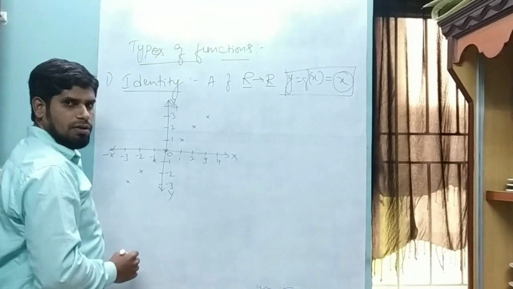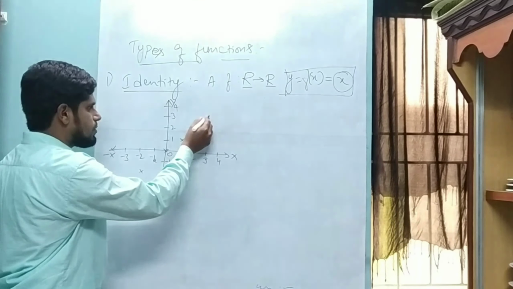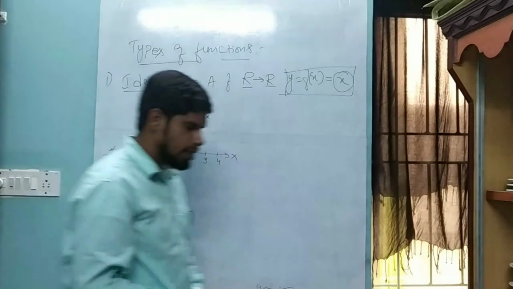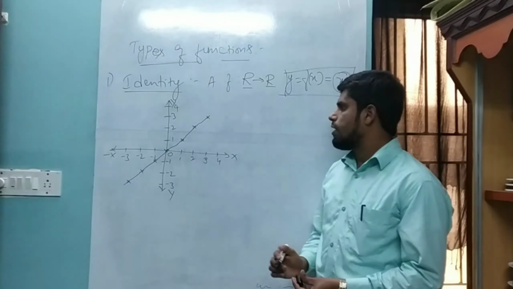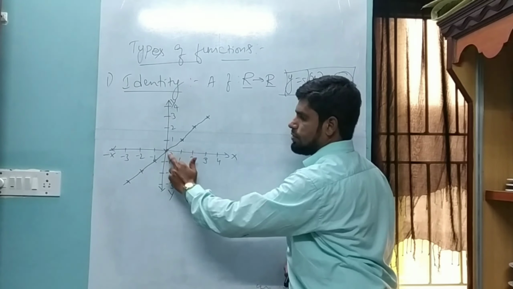If I start joining these points, I will get a straight line. In the identity function graph, I will get a straight line which is passing through the origin.